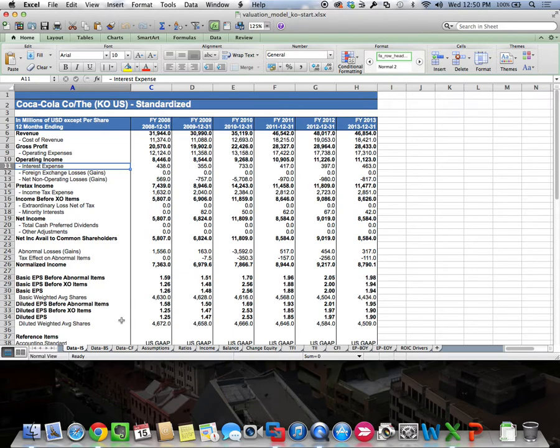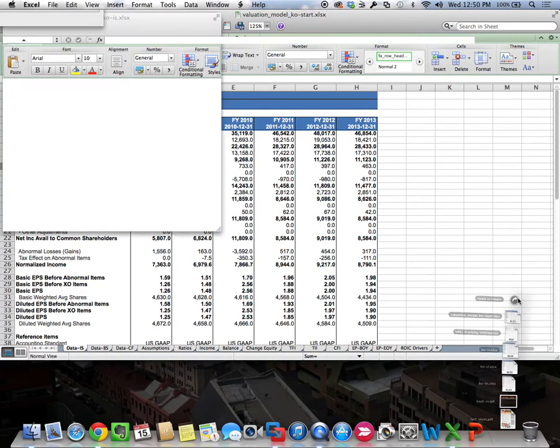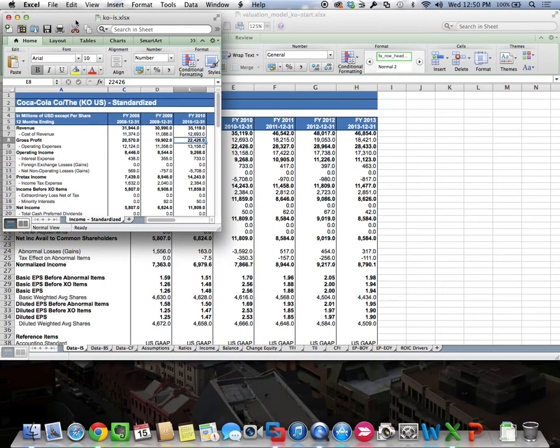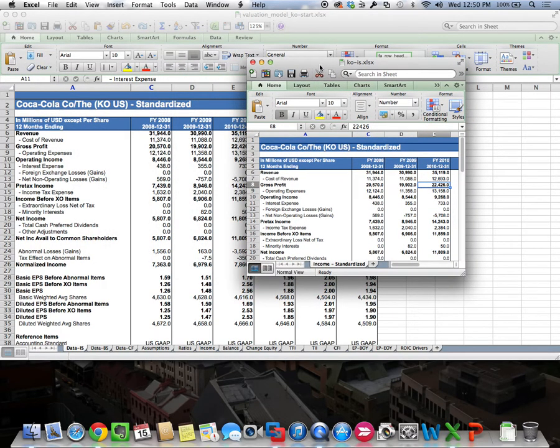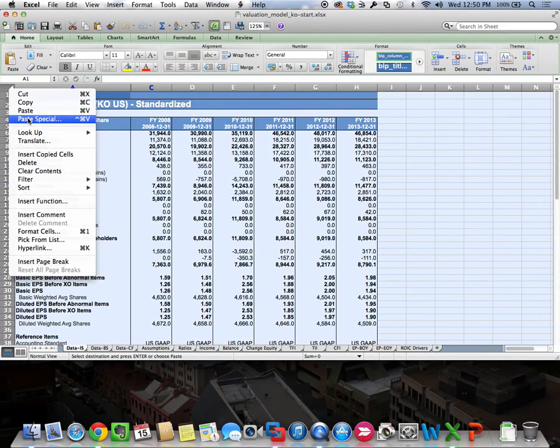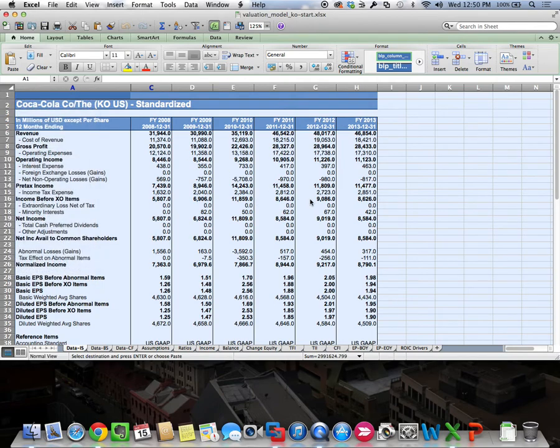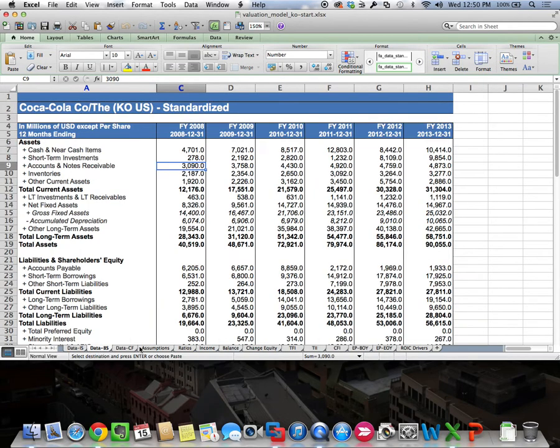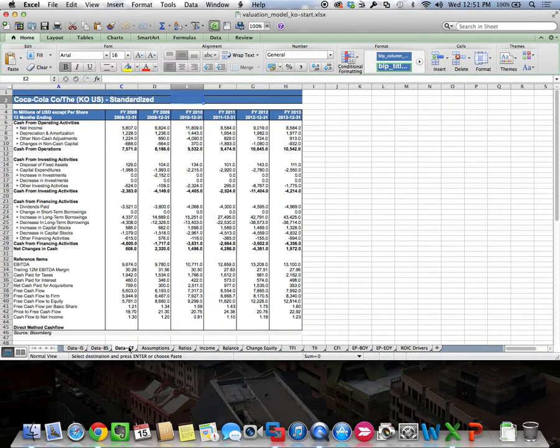But when we switch companies and you do any other company, then what you can do is open up in Excel the income statement of whatever company you just exported in that template, copy it, come here to the Coke income statement, paste, and basically just overwrite it. Okay, so that's what we're setting up. We're setting up the concept of a reusable model. So this is the income statement, this is the balance sheet, this is the statement of cash flow.